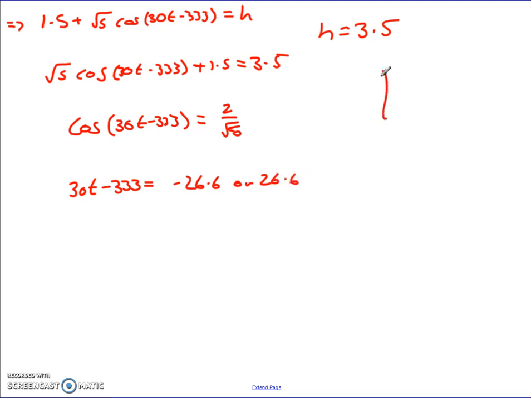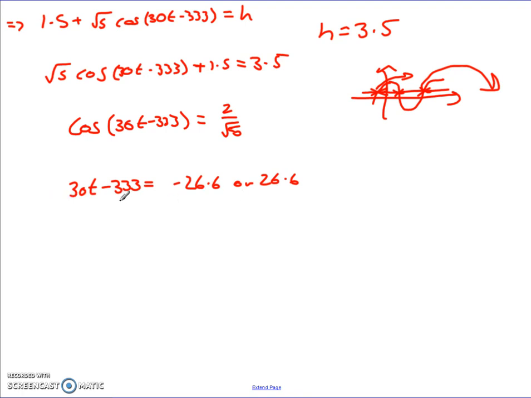Now again, I'm taking into account the fact that the curve has a periodicity like that, and I'll get a solution here and here, but I'm adding on 333 degrees, so this is going to shift up this way and out with our range that we want. We want the first 2 points within the 0 to 360 degrees, so I've got to take into account the fact that when I do add the 333 on, this one will move up into our range.